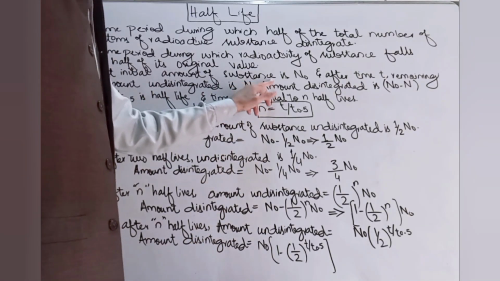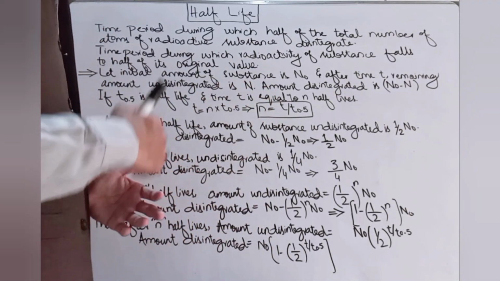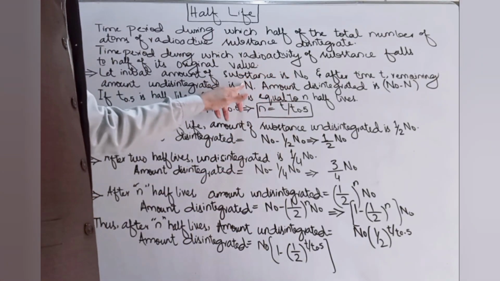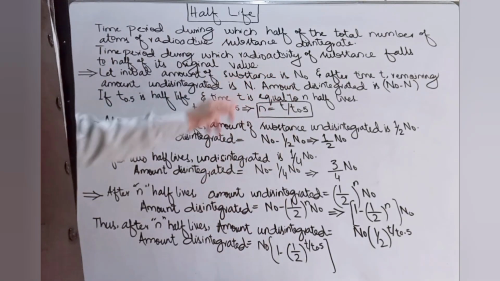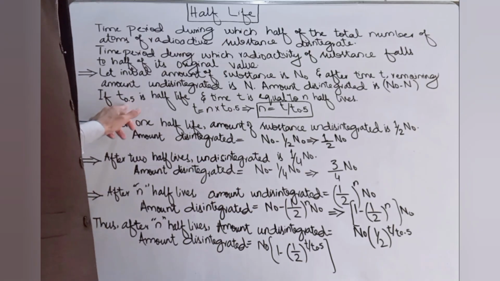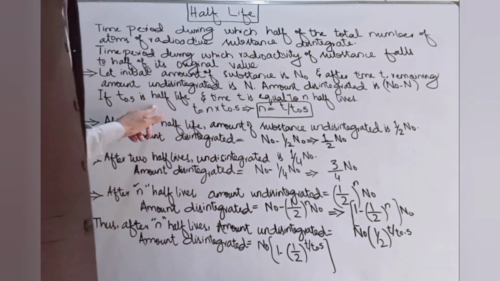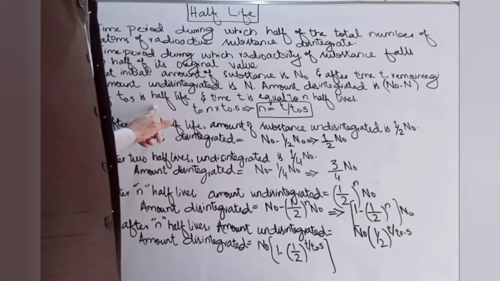So the amount disintegrated is the difference between the number of atoms at start and at time t.